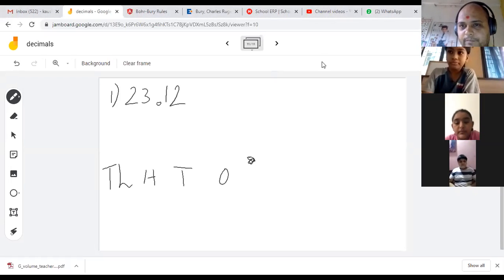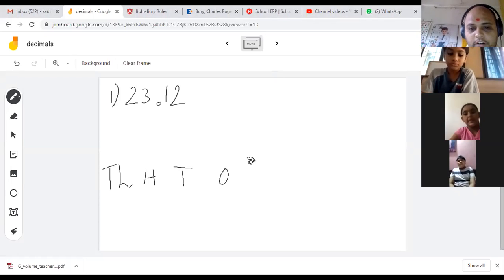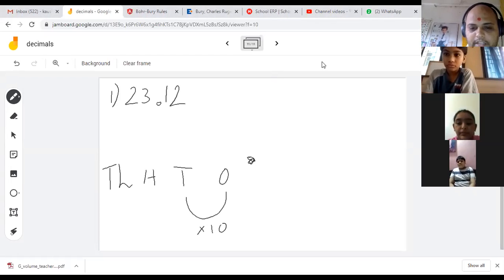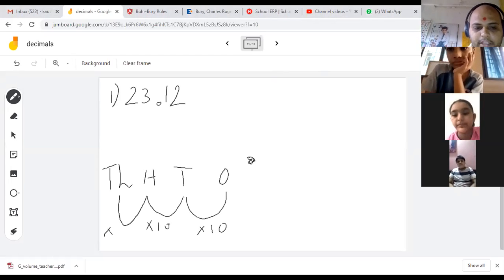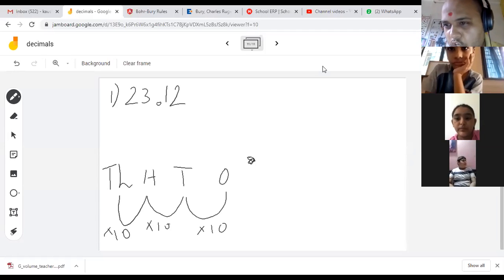So ones to tens, that is multiplication by 10. Tens to hundreds, that is also multiplication by 10. And this one also is multiplication by 10. We all know this. We have done lots of practice on this one.